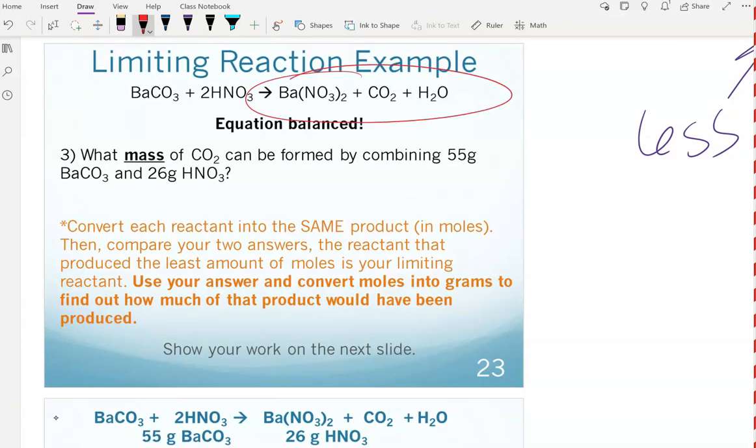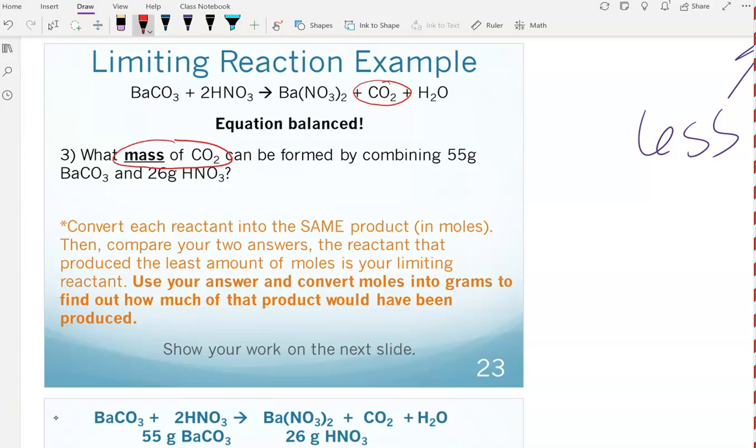Notice there's actually 3 products to pick from, but the question is saying what mass of CO2. So that's the product I'm going to convert both of my reactants into.